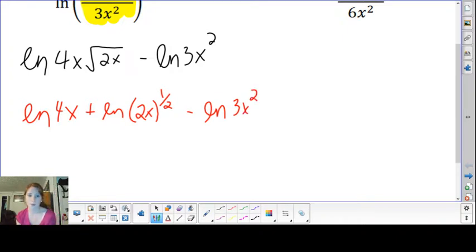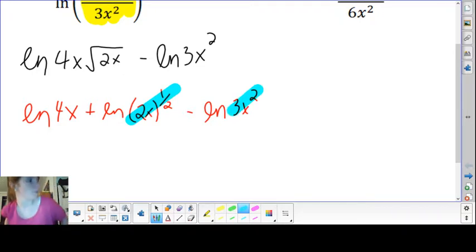Now, something I want to talk about here. Notice how this second term has everything to a power and this third one does not. The only thing to the power is the 3x squared. Because of that, we don't get to use the properties in this third term.